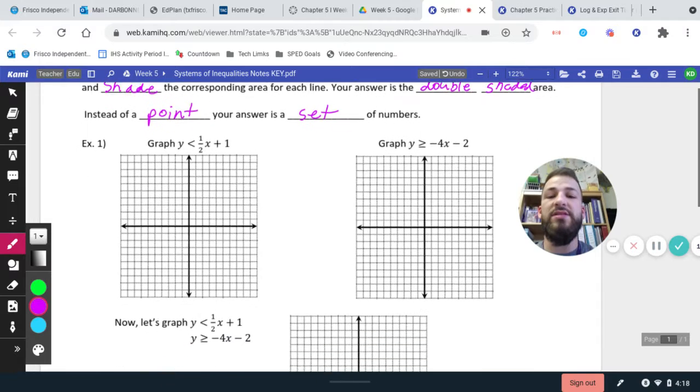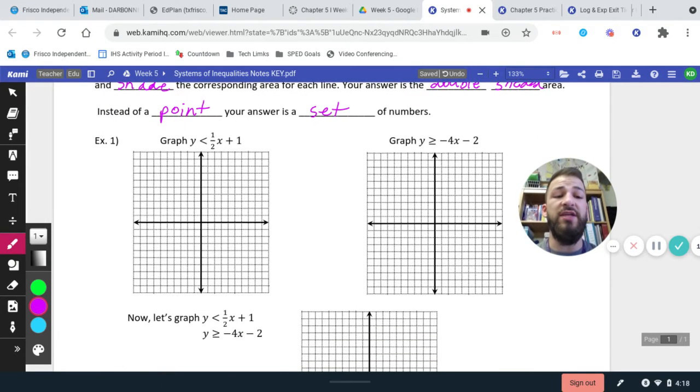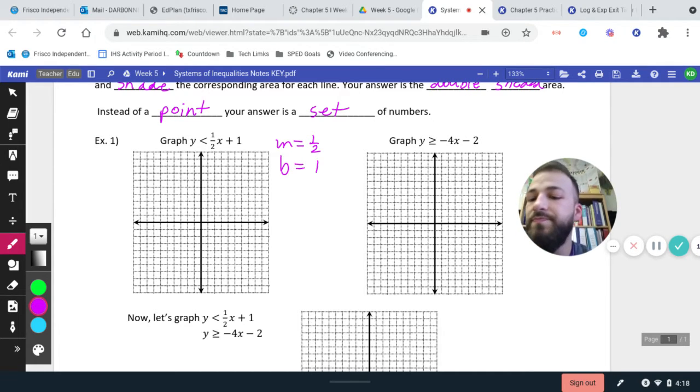So let's look at example one. We're going to start by graphing each of these inequalities separately, and then we're going to graph them both on the same graph. So 1/2 x plus 1, our slope is 1/2, and our b is 1. So here on our graph, y-intercept at exactly 1, slope of rise over run, so 1/2, so up 1 to the right by 2, and we'll just keep following that from there.